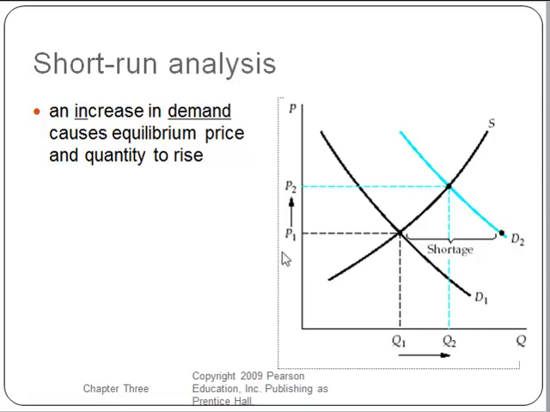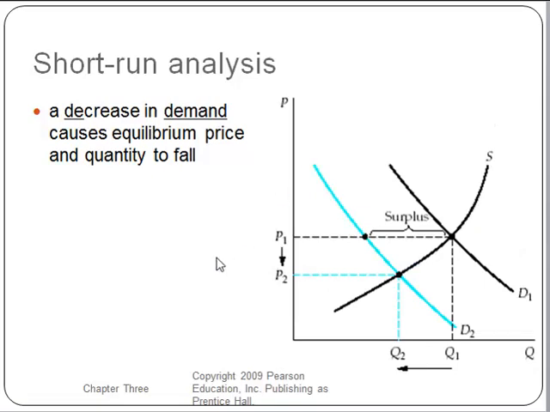A shortage means there is disequilibrium between the quantity demanded and the quantity supplied. So this shortage will bid the price up to price 2, until the price matches the new equilibrium point. So we see an increase in demand causes equilibrium price and quantity to rise.